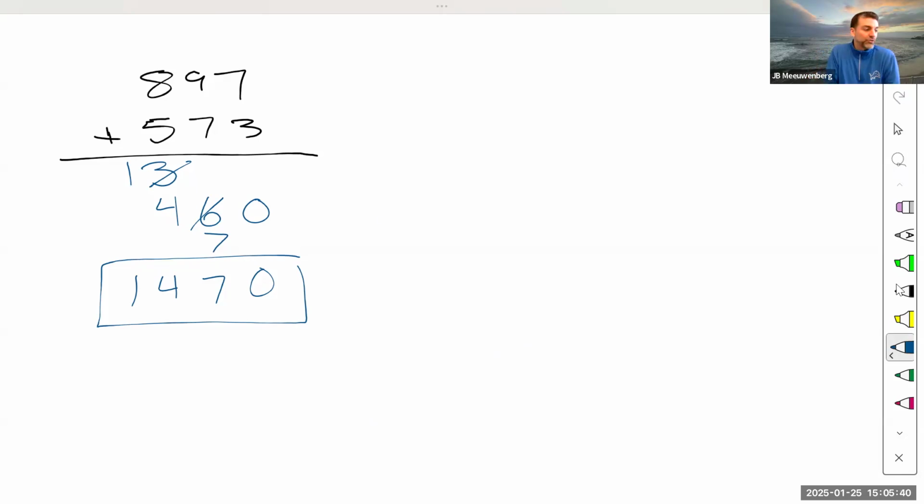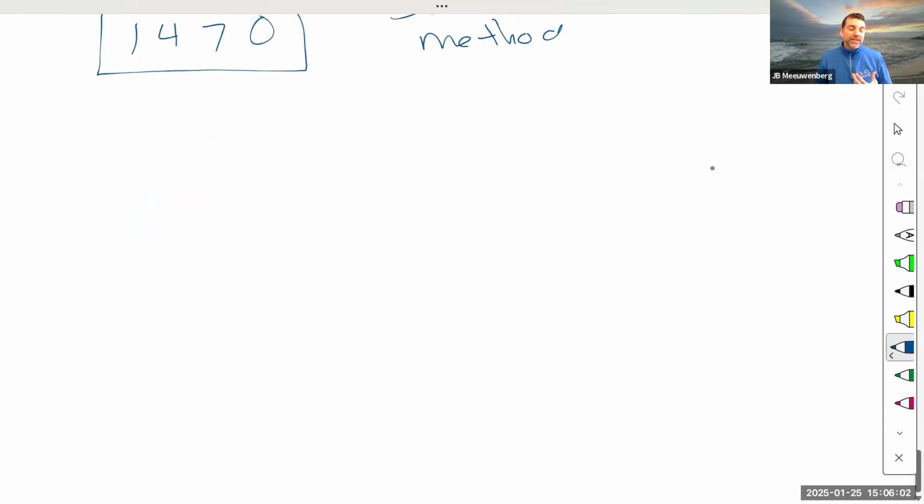They added from left to right traditionally, and we call this the scratch method. Why? Because you're scratching off the numbers and replacing them with their new version as you go. And again, there's nothing that says one way is better than another. They're just different, and that's okay.